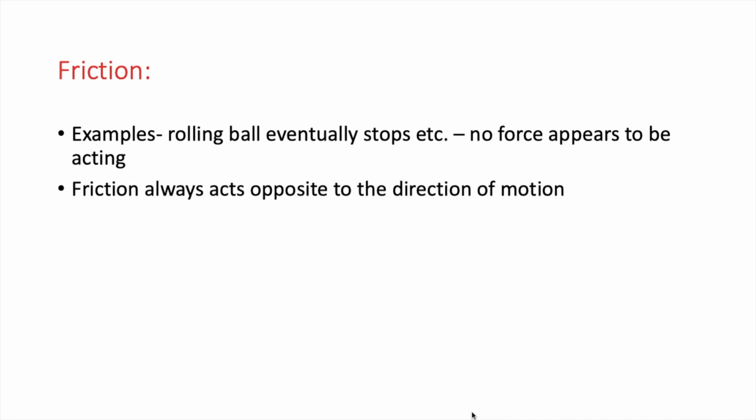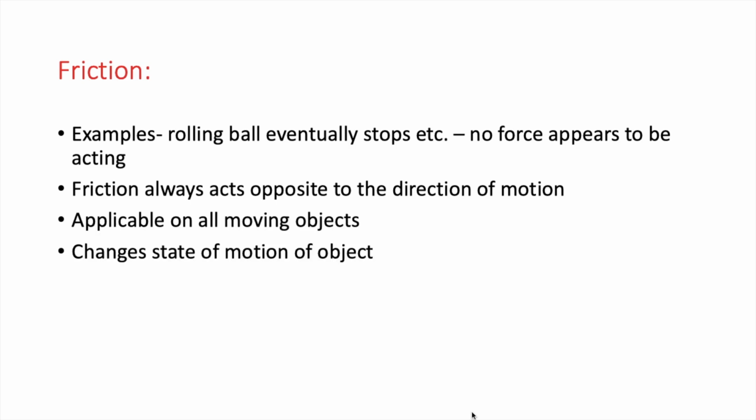It arises due to contact between surfaces. Friction acts on all moving objects and always acts opposite to the direction of motion of the object. This is how it changes the speed or direction or both of the object. In other words, changing the state of motion of the object.